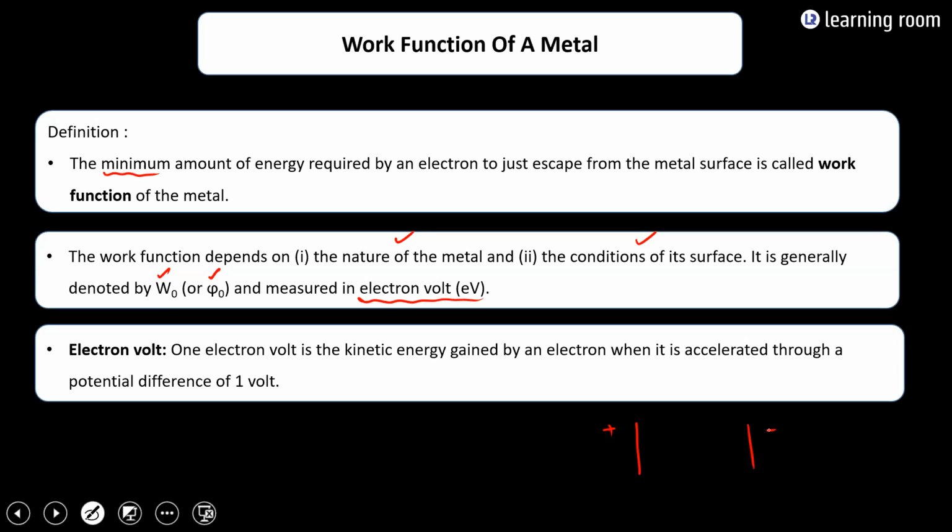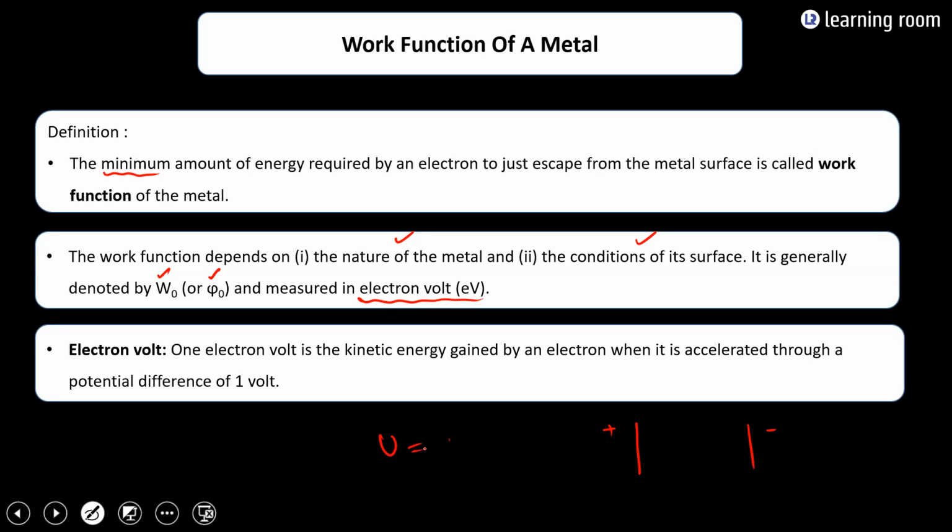If I have two metal plates which are charged and have a potential difference of exactly 1 volt, and you take one electron and make that electron get accelerated through the potential difference of 1 volt, then you have done work equal to 1 electron volt. The reason is it comes from the concept of electrostatic potential energy.